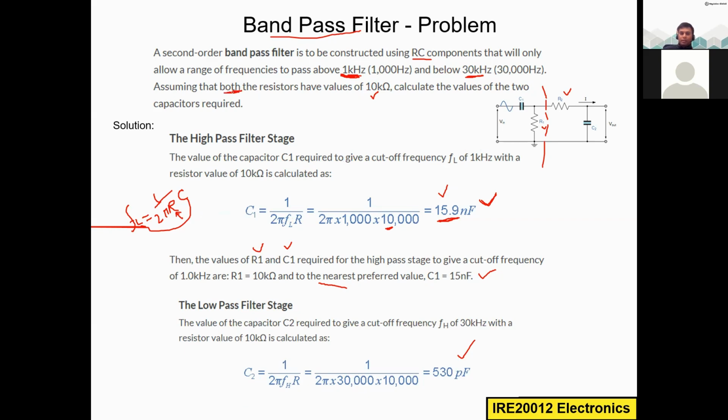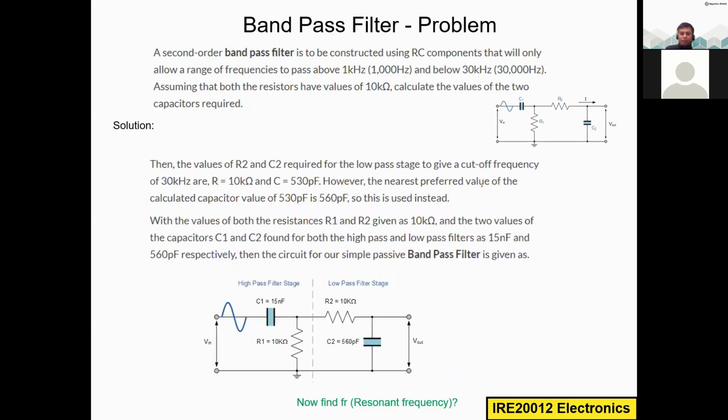So now you can design this filter, and you know the lowest and highest cutoff frequencies. Then you will get the exact band you want. Now you know the values of C2 and R2 required for the low pass filter stage to give a cutoff frequency of 30 kilohertz.